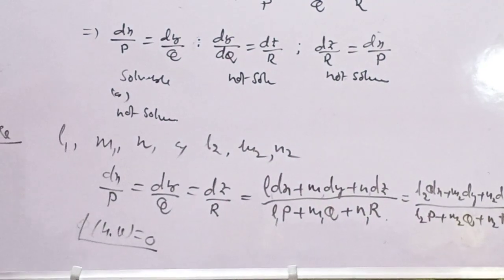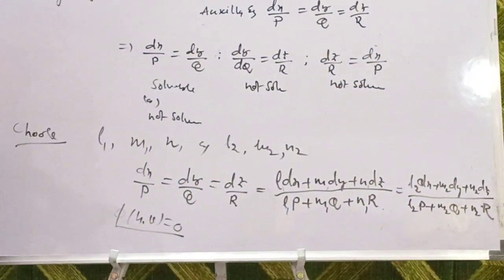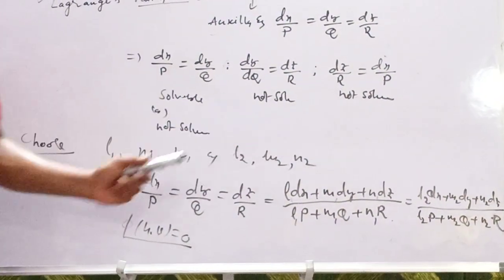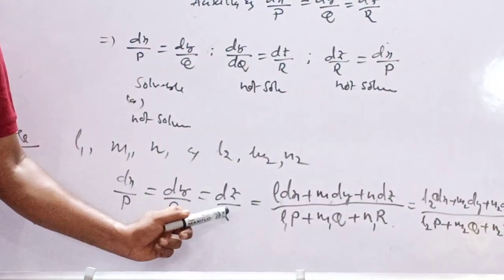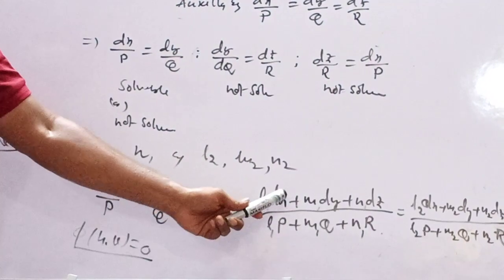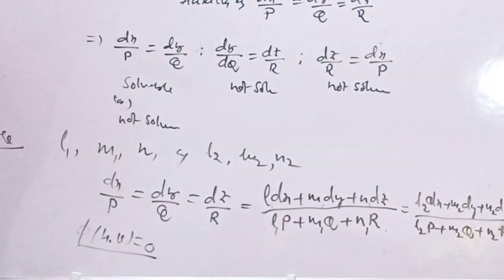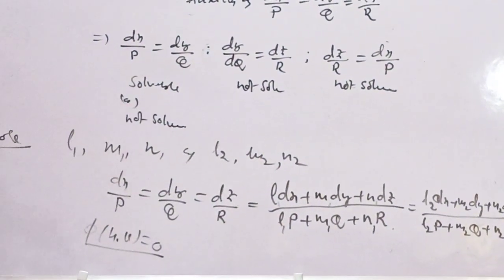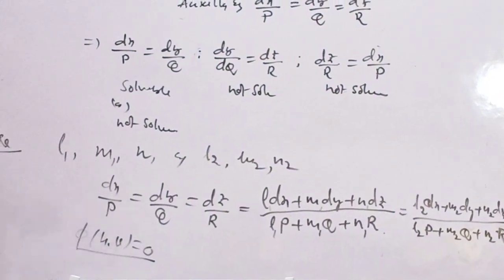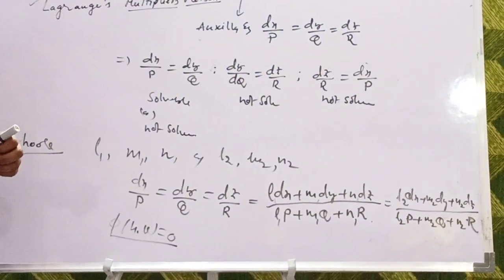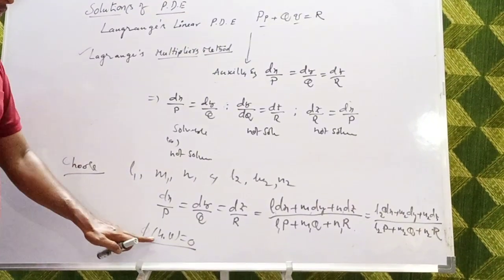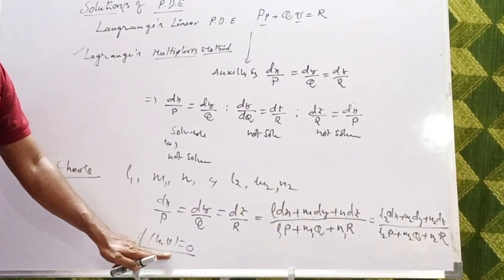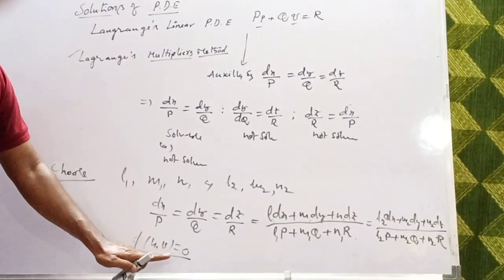Then again 1 and 4, 2 and 5, 3 and 5, and 4 and 5. Out of these 4 different equations, at least 2 equations will give two solutions. Those 2 solutions we call u and v. Then write phi of u comma v equal to 0.